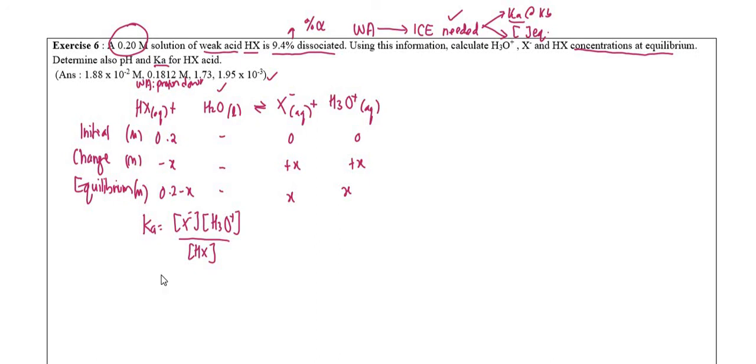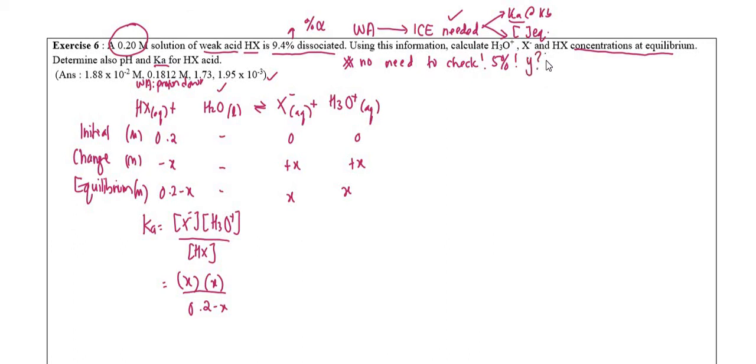Kita nak cari Ka, so kita akan masuk macam ni. Betul? Alright. Perlu tak kita checking? Tak perlu. For this case, soalan ini no need to checking. To check 5%. Why?